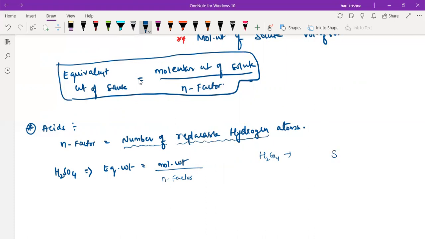If you draw the structure of H2SO4, it will be like this. There is the structure of H2SO4.